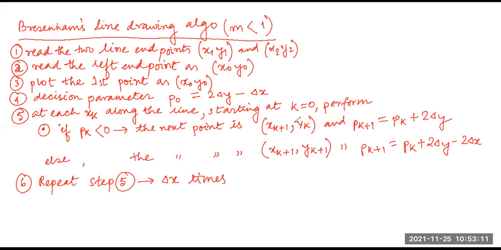There is a whole formula for that, like how the author found it, and where he started finding out the decision parameter, how he summarized and found this formula. We will start with the first formula as P0 is equal to 2 del y minus del x. How this works, there is a whole lot of steps for that.